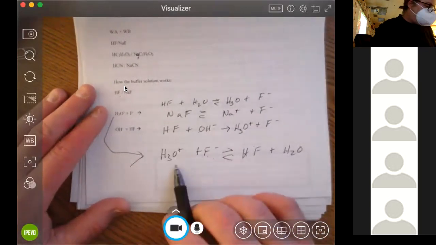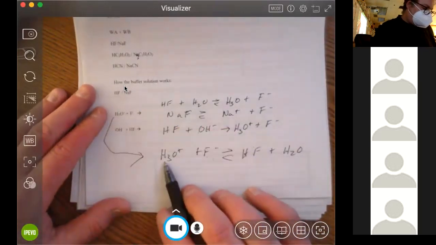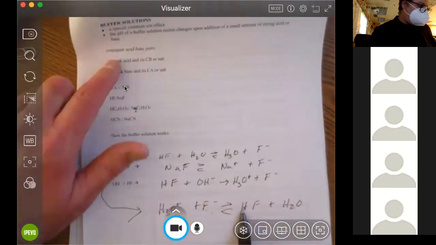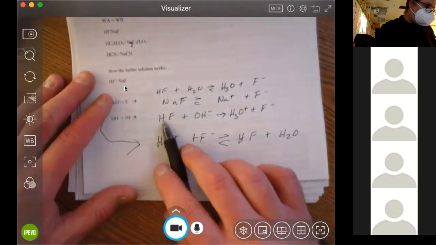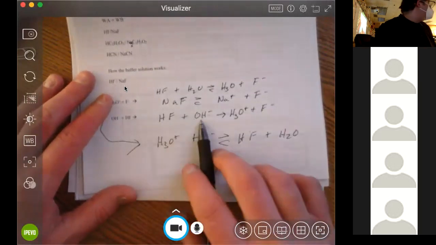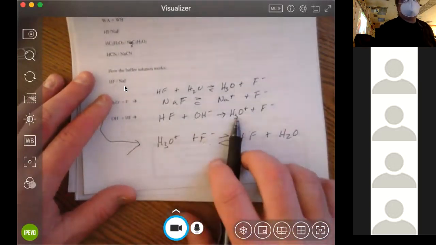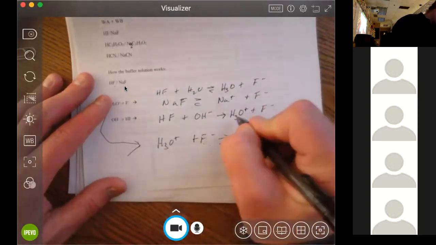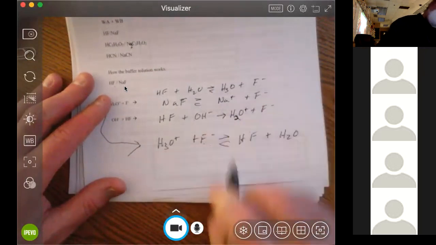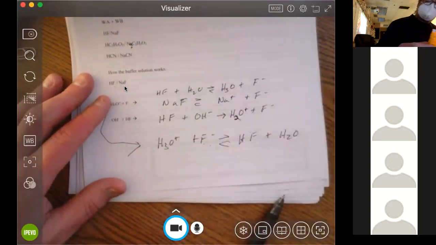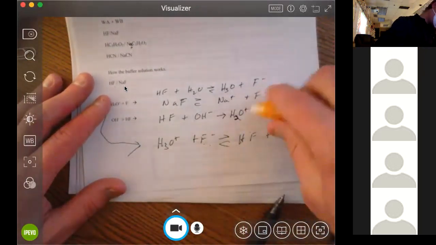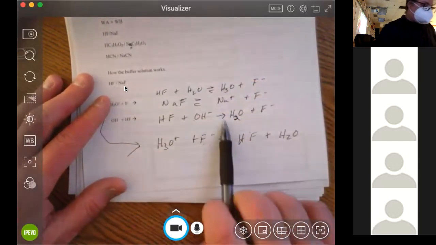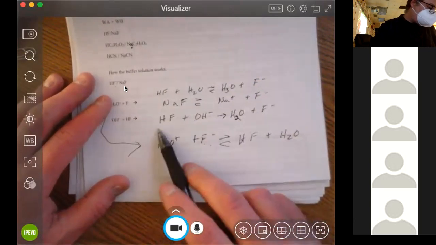So basically, these buffered systems pick up hydrogens and put them back into the weak acid, or the weak acid donates a hydrogen to the hydroxide. That weak acid donates its hydrogen to the hydroxide to give H2O.